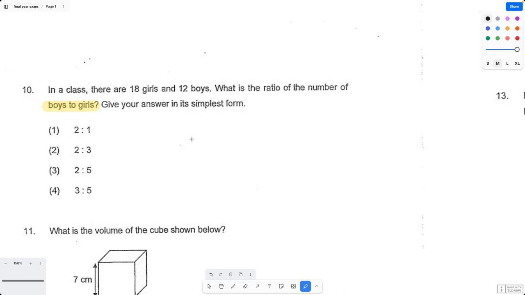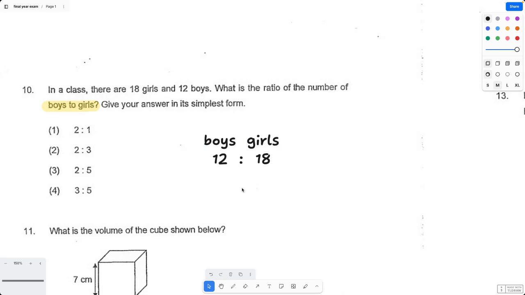So we can write down here girls, which in this case will be 18, and boys will be 12. What they want is boys to girls, so we want to swap this out. So boys is 12, girls is 18.